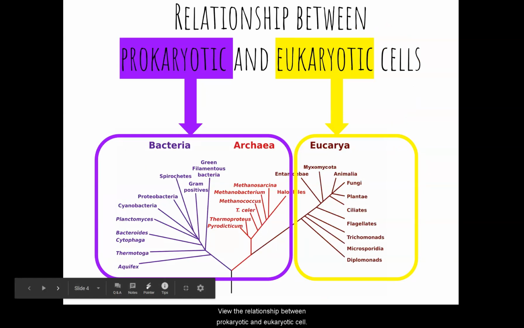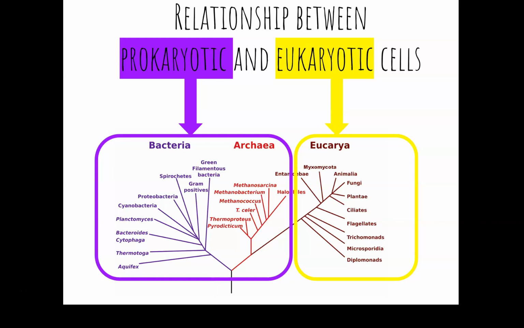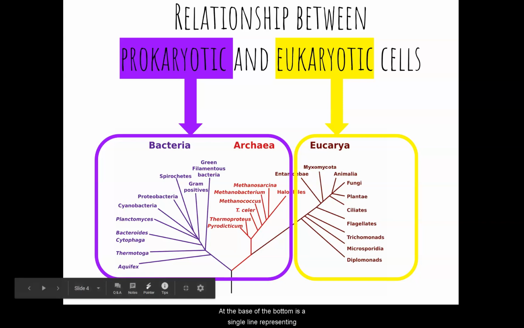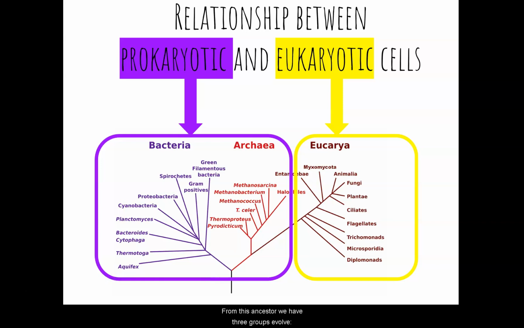So this picture here shows you the relationship between prokaryotic and eukaryotic cells. This is the first time that you'll have seen a picture like this during the course. This picture is a visual representation of the evolutionary relationship between all of these organisms. At the base or at the bottom is a single line representing a single unified ancestor. From this ancestor, we have three groups evolve.